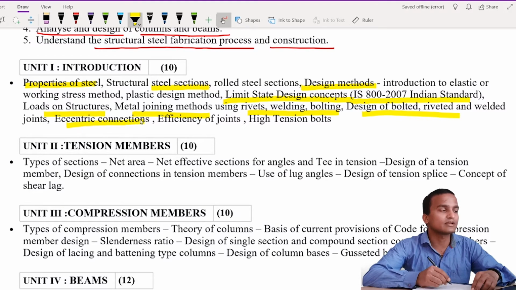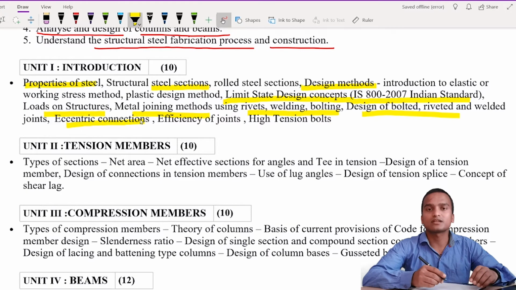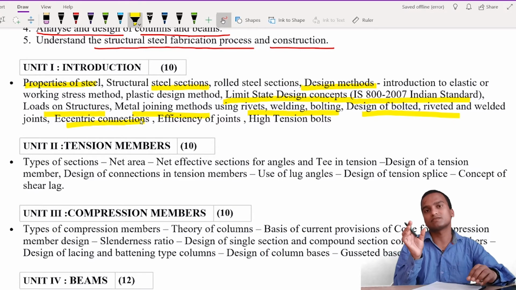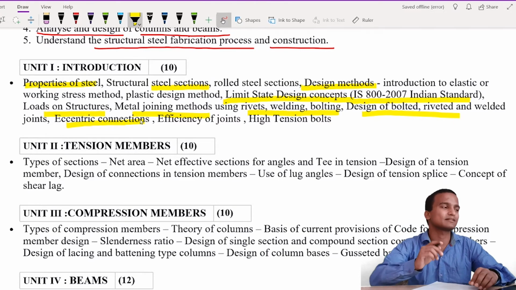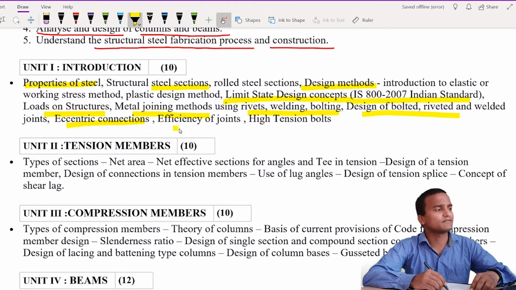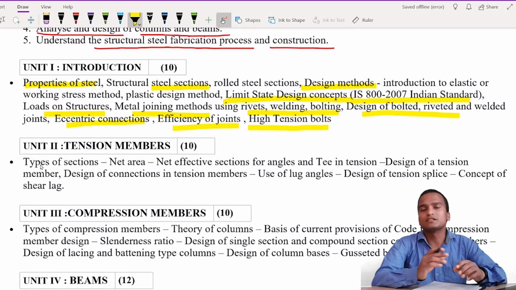There are also eccentric connections, meaning connections which carry some eccentricity in them. And finally we will discuss the efficiency of joints and a special kind of bolt called the HSFG bolt, high strength friction grip bolt. Please make a note that unit 1 is going to be the biggest unit out of all the 5 units that we are going to see.